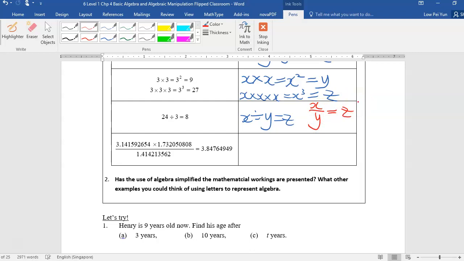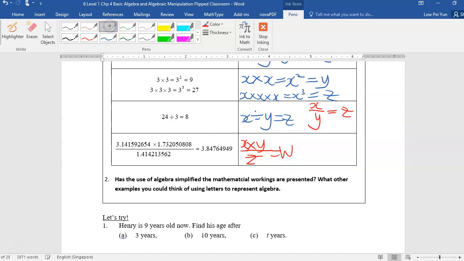Wow, aren't we glad that we have letters that we can use to represent such long strings of decimal digits, decimal places. Now I'm going to use x times y over z is equal to w.